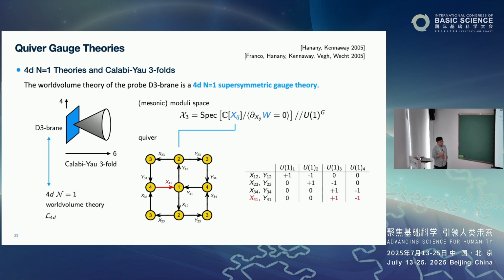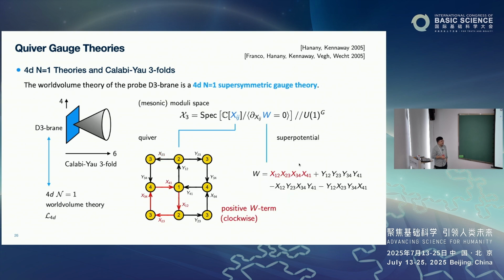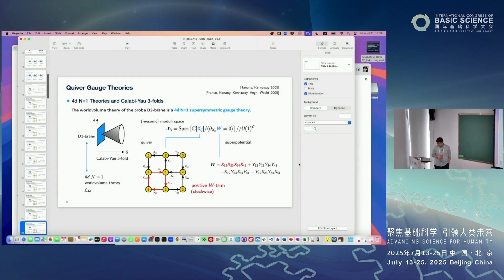The direction tells me which representation I'm taking. Because I have U(1) gauge groups, the charges under these gauge groups are all plus and minus 1. So you can think of this as the adjacency matrix of this graph that represents the quiver diagram. And I can also have closed loops.